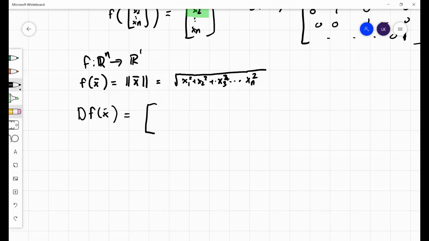where the first component is the derivative of our function with respect to x1. Right, so if that's your f, let me get the first component, second component, differentiate f with respect to x2, and so on.